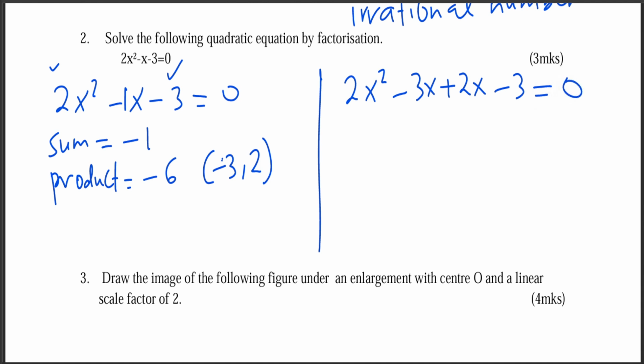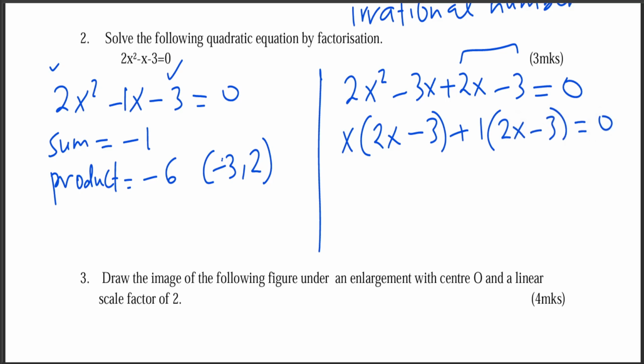Then you factorize the common factor: x into bracket 2x minus 3, plus 1 into bracket 2x minus 3, equal to 0.